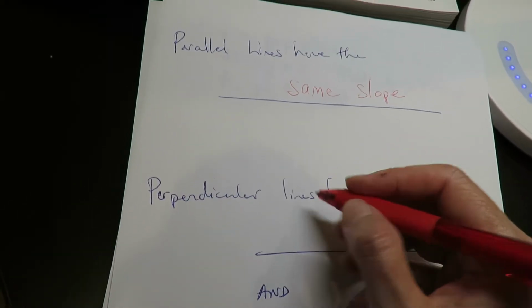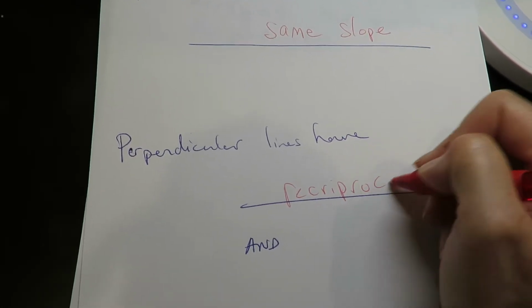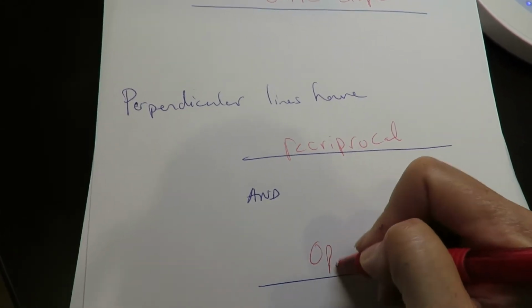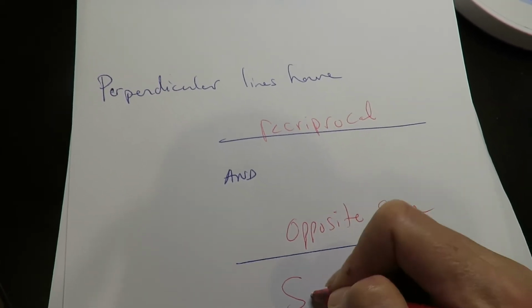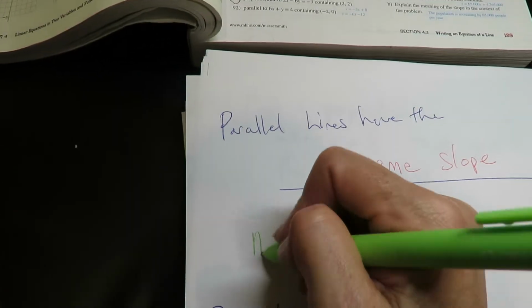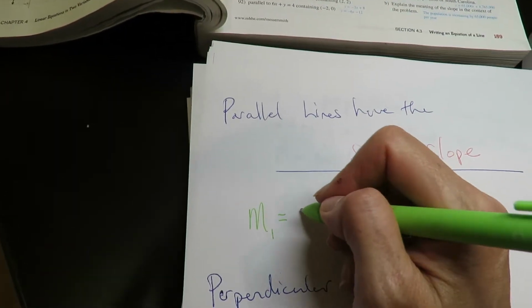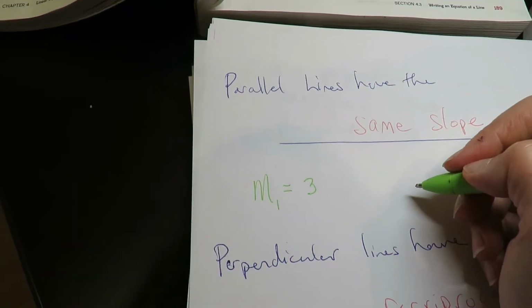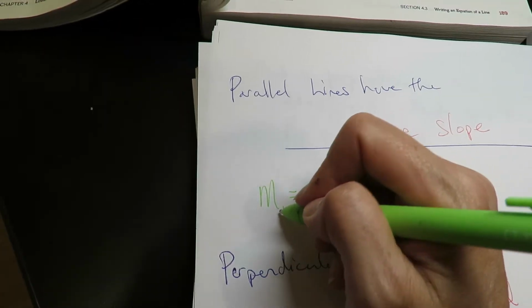It has its reciprocal and opposite sign for the slope. All right, let's go over that real quick to make sure we got that. I'll give examples for both.